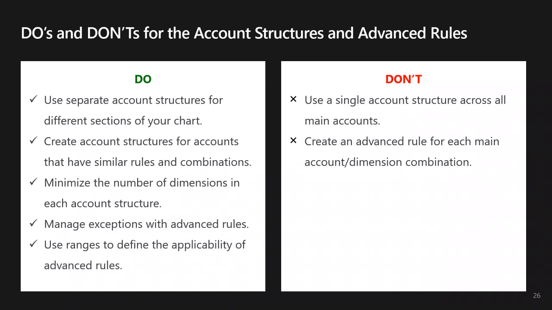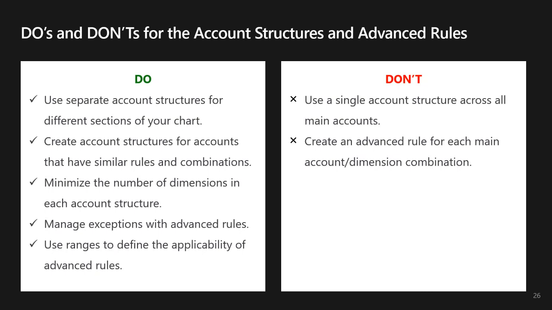When you make lots of account structures and lots of advanced rules, you will start to see performance degradation. So the more you can simplify, the easier it is for your users to understand and the usability will be improved.